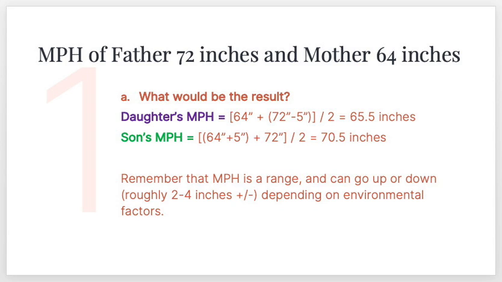For the son's mid-parental height, you would do the same, but you would add 64 inches plus 5, and then you would add the 72 inches from dad, divide by 2, and it would give me an expected adult height for that son of 70.5 inches, or 5 feet 10, plus or minus 2 to 4 inches. That is important, because my 2 to 4 inches depend on good sleep hygiene, good diet, and basically having very good exercise.